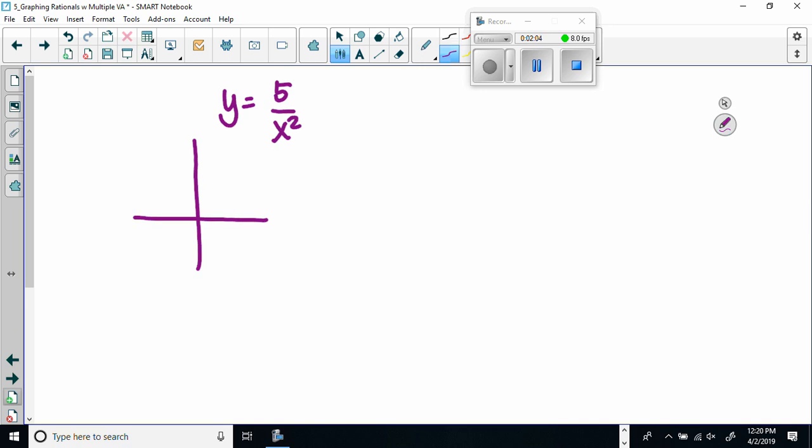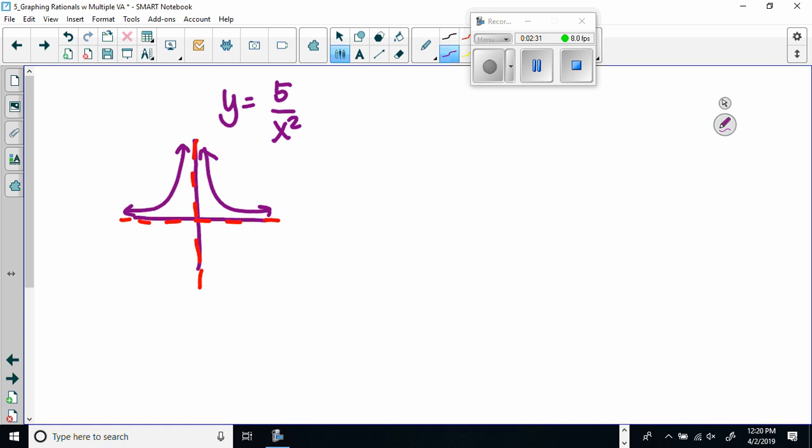I had a vertical asymptote at x equals 0, horizontal asymptote at y equals 0. And then as I approach this vertical asymptote, what happened to the y values? If you were going to graph this, what happened to the y values as I approach the vertical asymptote? They're increasing, right? So I had this curve like this.